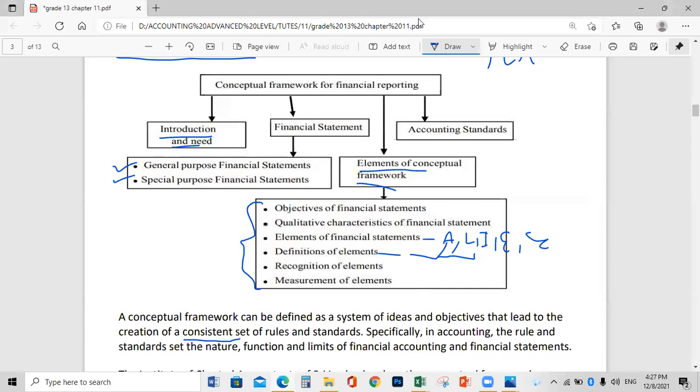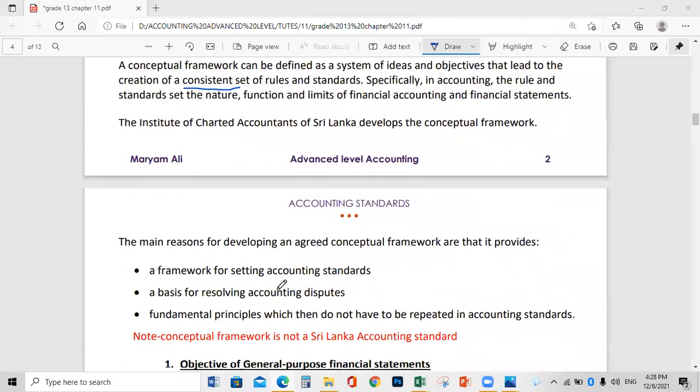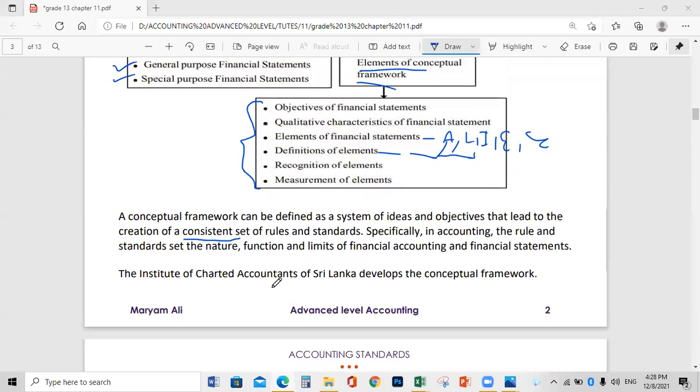And recognition, you're going to study, guys, how are you going to recognize them? And then you're going to study the measurement. How are you going to measure it? How are you going to find the value of it? So these are the elements which you are going to study under the conceptual framework.